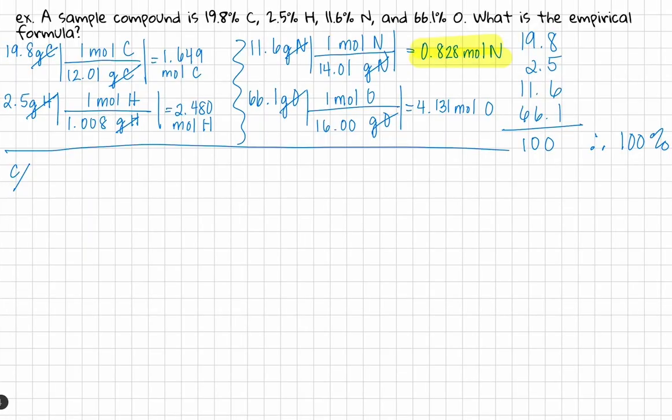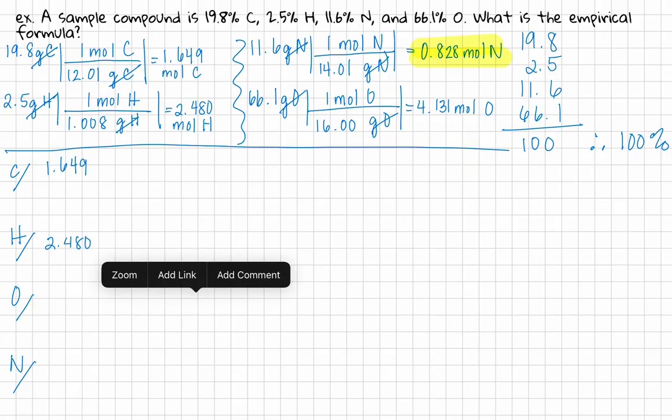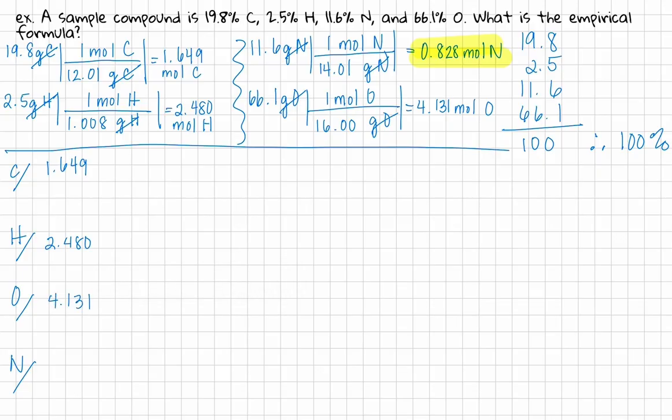Carbon, hydrogen, oxygen, nitrogen. So for carbon, I have 1.649. That's how many moles I have. Then hydrogen has 2.480. Oxygen has 4.131.